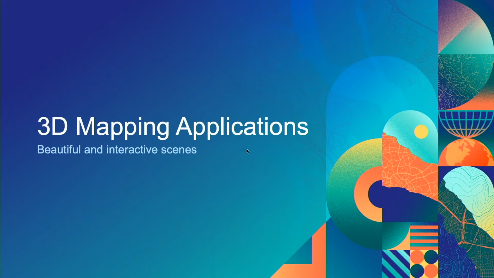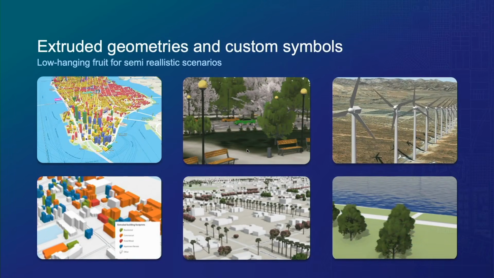And now we are going to be ending up here, but very quickly, 3D mapping applications are a totally different story. We already showed as much as we could, but there are a couple of things worth mentioning.